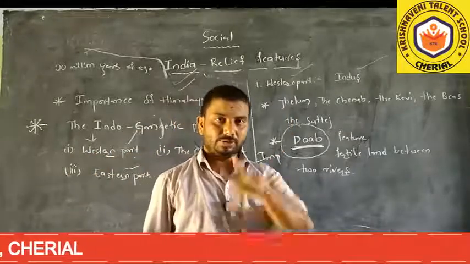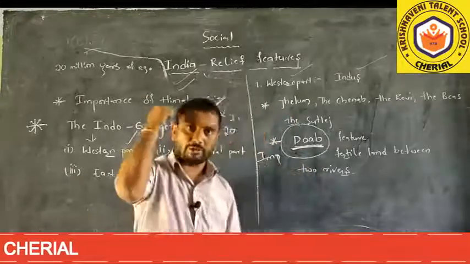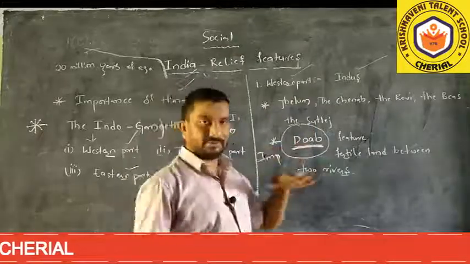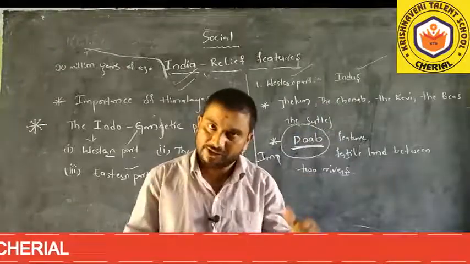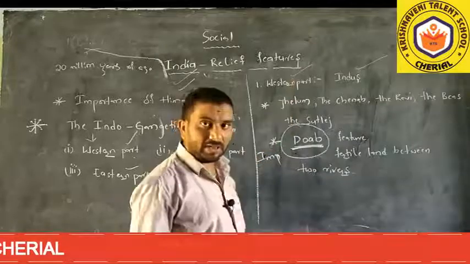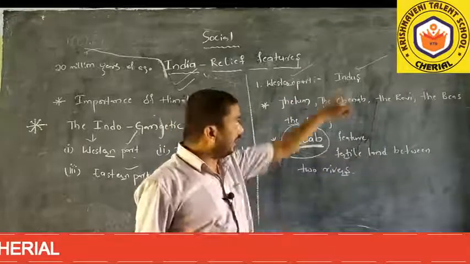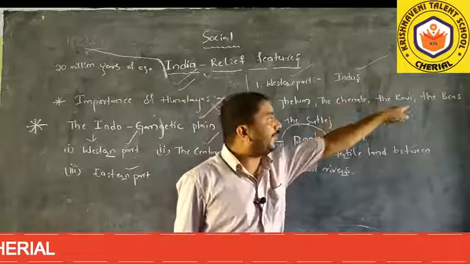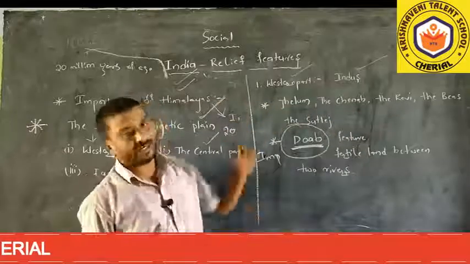Create one folder in your mind. The western part of the Indo-Gangetic Plain is formed by the river Indus and its tributaries Jhelum, Chenab, Ravi, Bias, Sutlej. These are the five tributary rivers of the Indus.